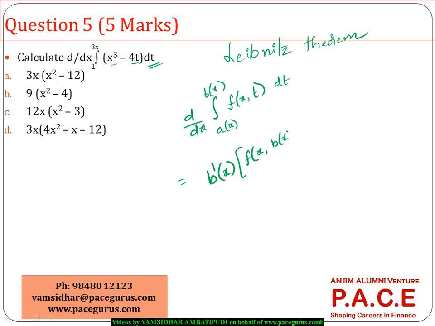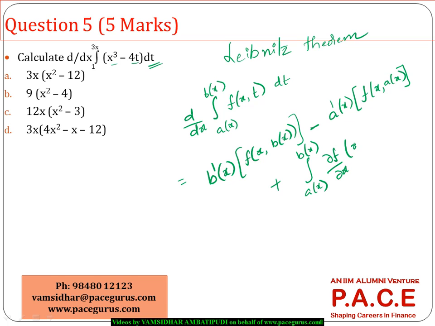So wherever t is there, you substitute b of x. Minus, similarly, a dash of x into f of x comma a of x. So in place of t, substitute that, and finally take the partial derivative of this function with respect to x and then do the integration.